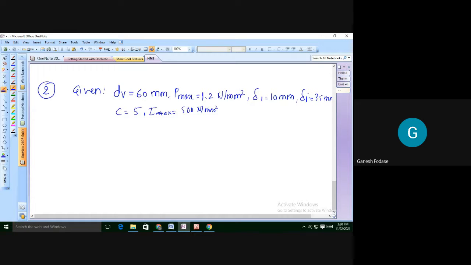And modulus of rigidity, that is G, is equal to 80 into 10 raised to 3 Newton per mm square. Okay, this was the given data, and what we need to find out is we need to design a spring.